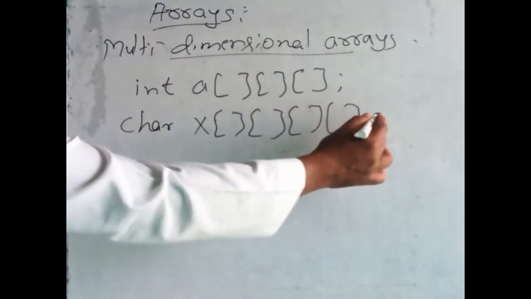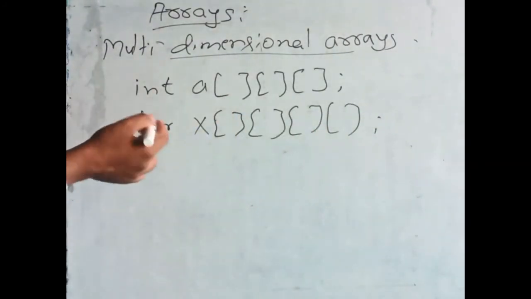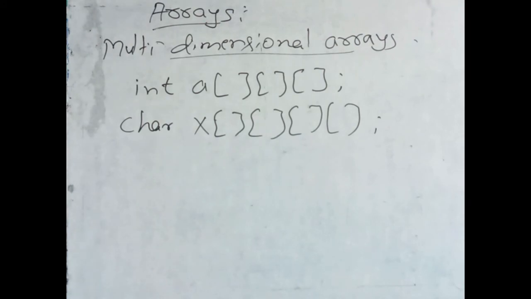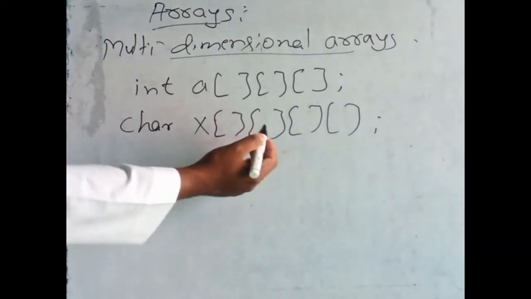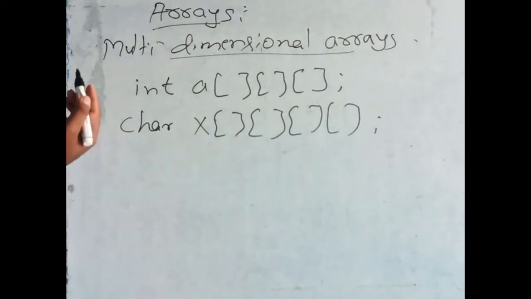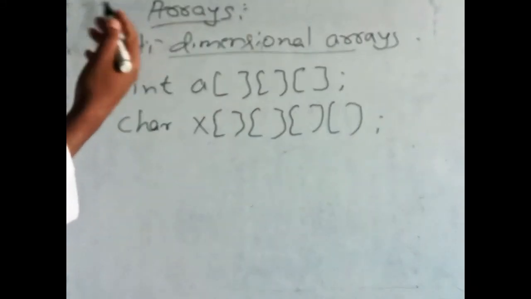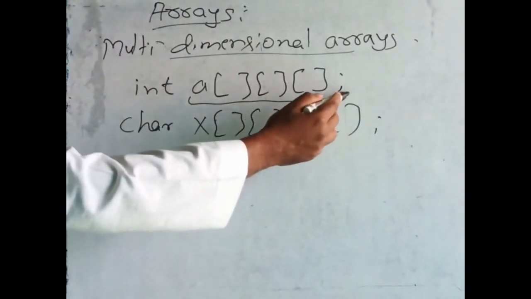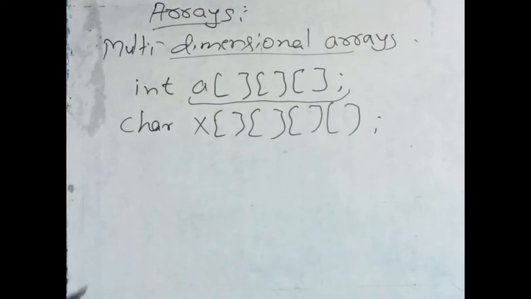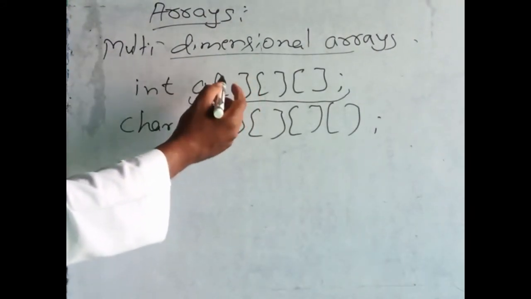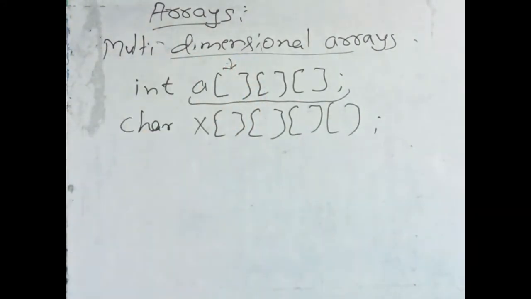Like that, depending on how many subscripts there are, we need to give the size also. So just remember, multi-dimensional means it contains more than one subscript or dimension. This is about the multi-dimensional array.